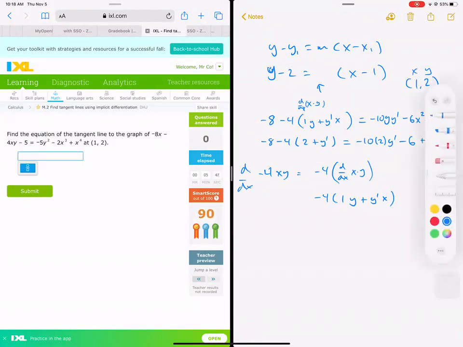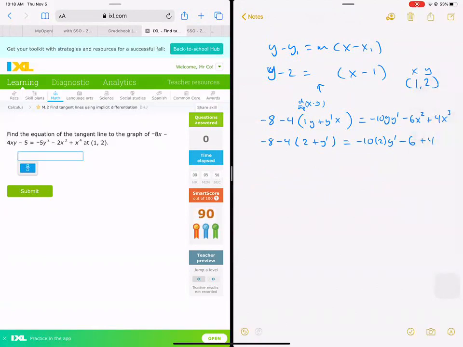Combining a bunch of like terms. Wait, y prime x still just equals y prime? Y prime x is y prime because x was 1 in this problem. Oh, I'm doing my problem right now. So it would be y prime negative 5, right? Sure, or if x was negative 5, yeah.